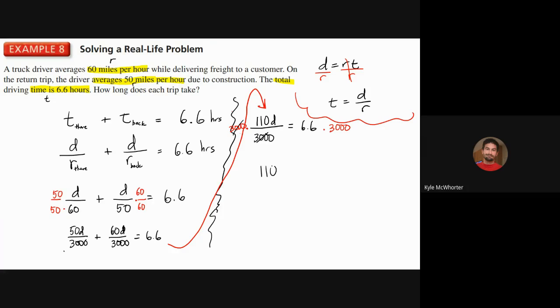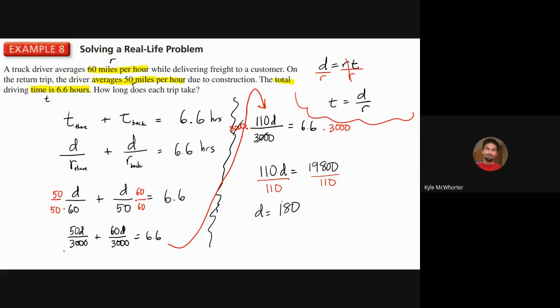So we have 110d equals, with a calculator, 6.6 times 3,000, 19,800. And then we divide both sides by 110, and we get D equals 180.